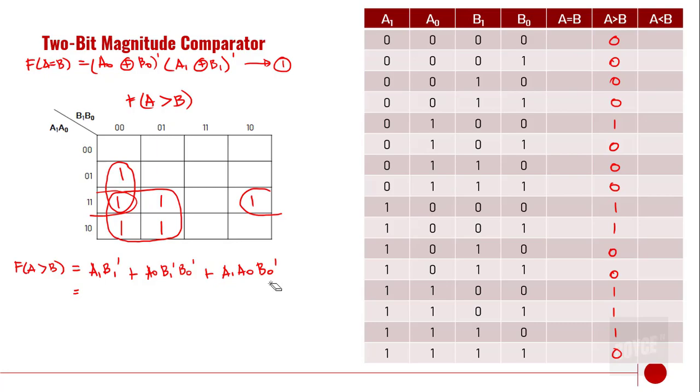Tama? So we can factor out A0B0 prime. And it will leave us with A0 and B1 prime.